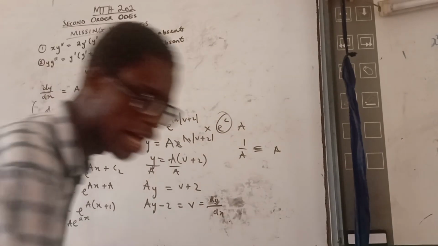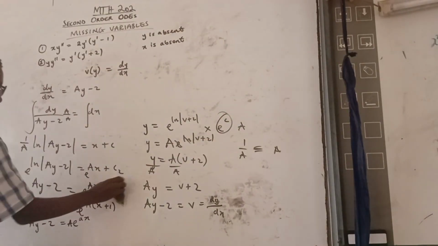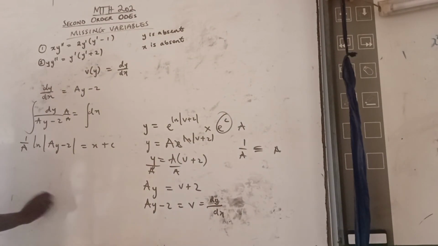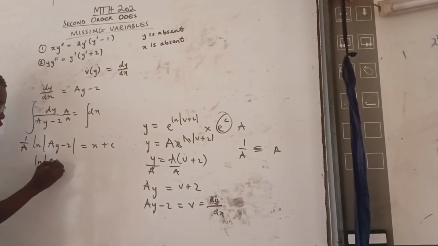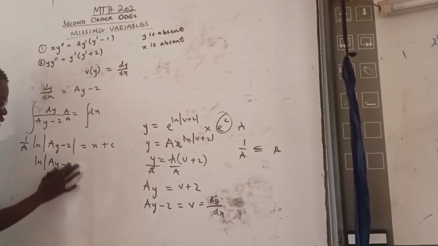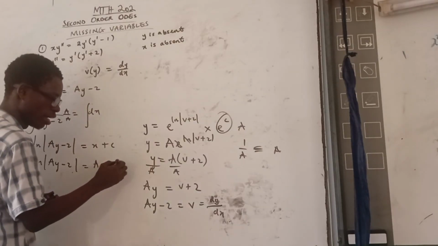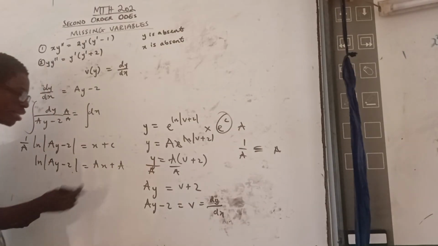Or, not to make it hard for those who are coming along, let me start from here once again. So we have 1 over a ln of everything that is here. Now let's multiply through by a. So I'm going to have ln(ay minus 2) equals ax plus another arbitrary constant.